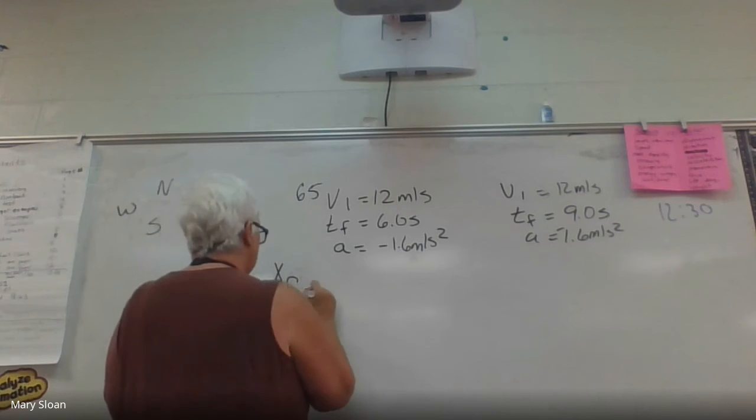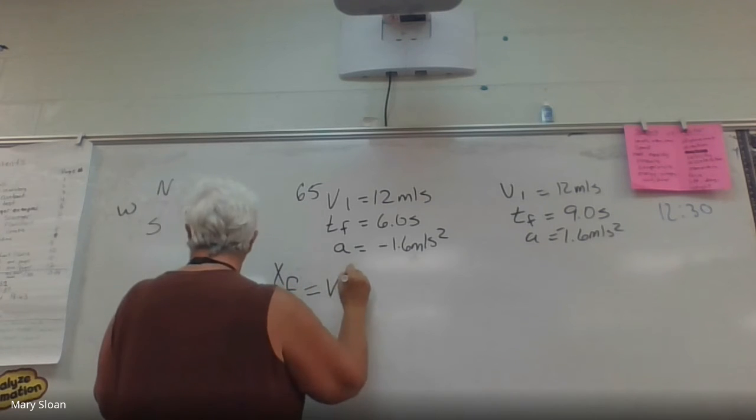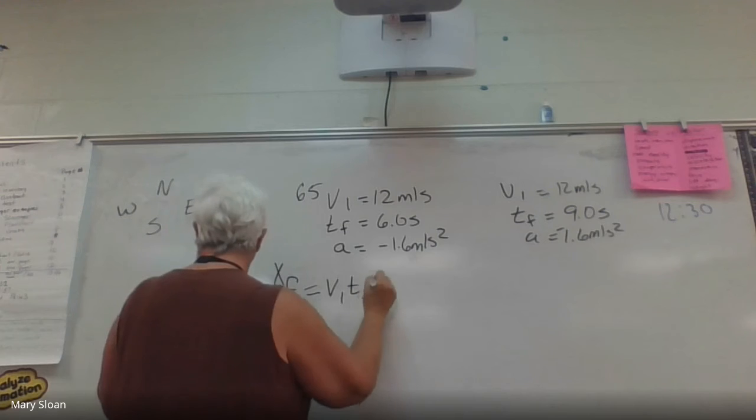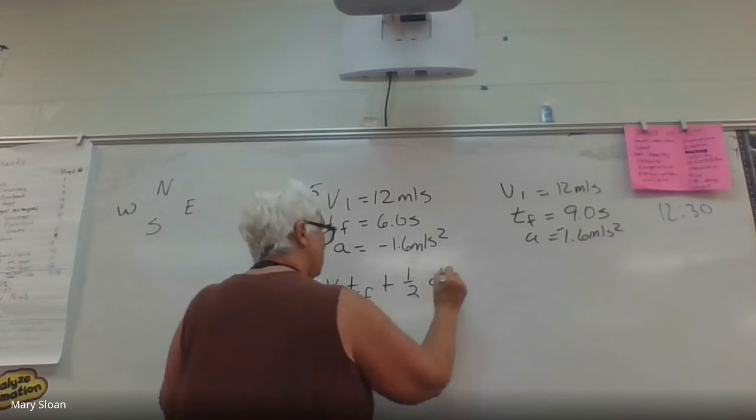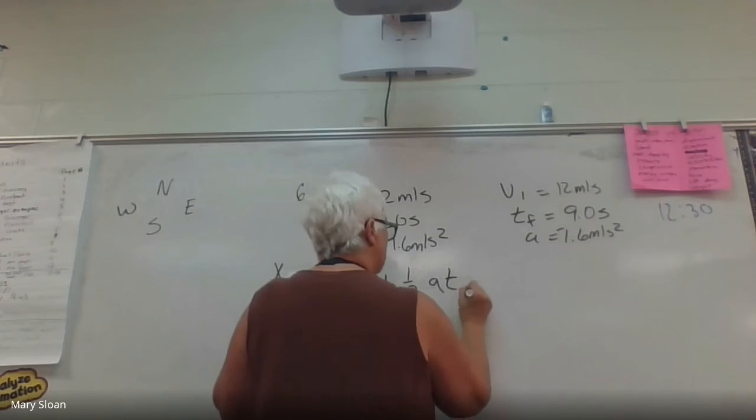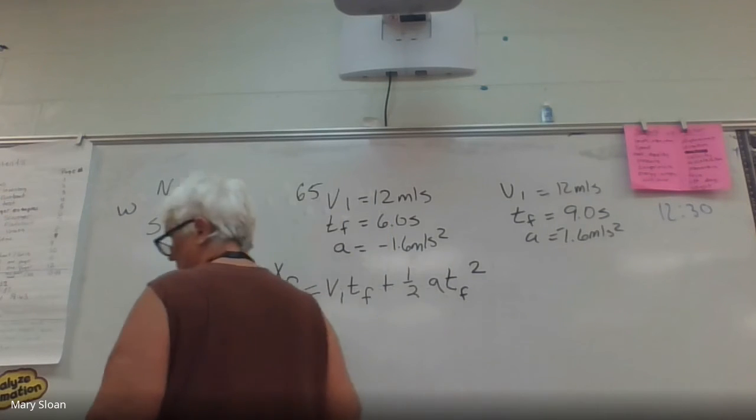Position final equals velocity initial times time final, plus 1/2 of the acceleration times time final squared.